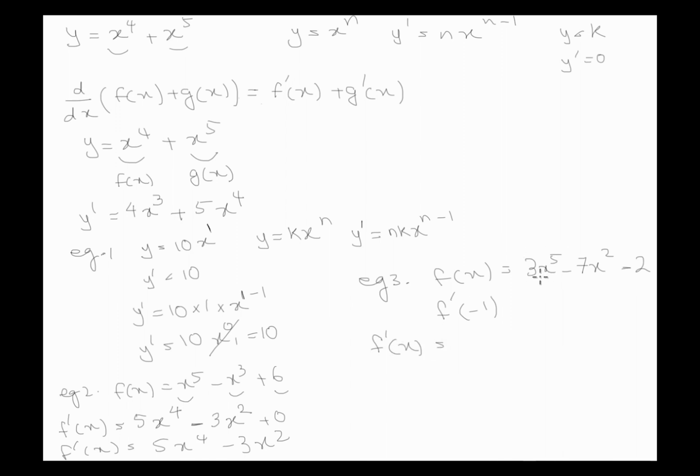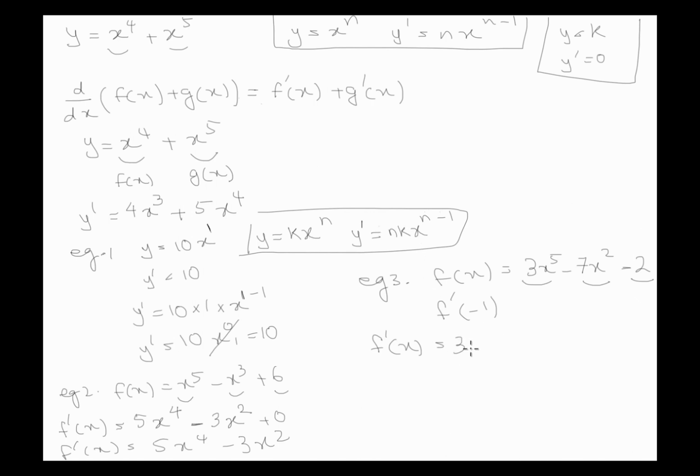This is in the same format as this general formula. I might just draw a line around that formula. So that's one, that's another one, that's another one. This whole function comprises three different components, each of them being a different function. The first function is in this format, therefore I just follow the same rule.